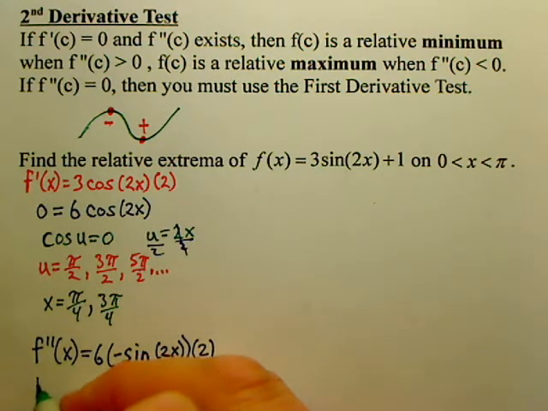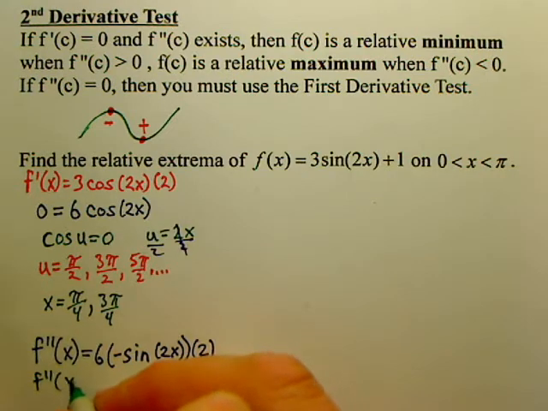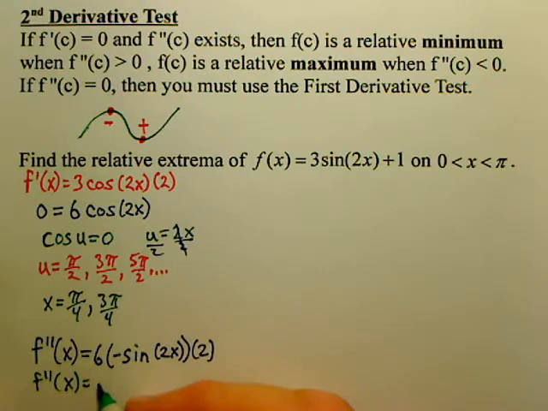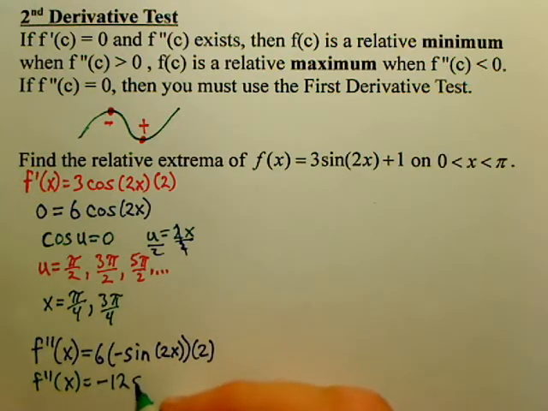So my second derivative is 2 times 6 times negative 1 is negative 12 sine 2x. So that right there is my second derivative.